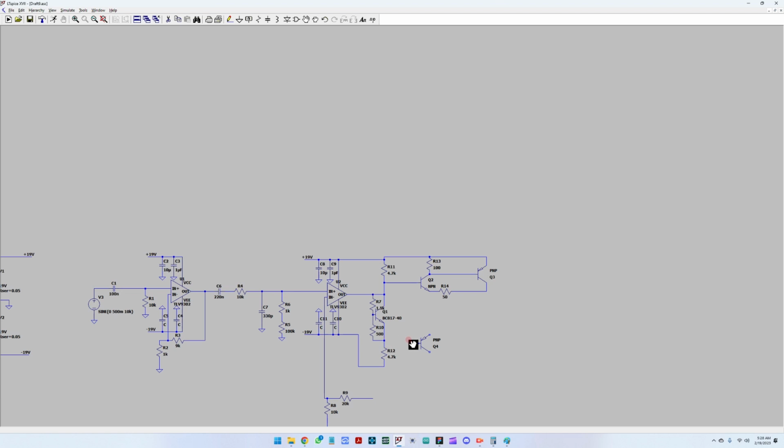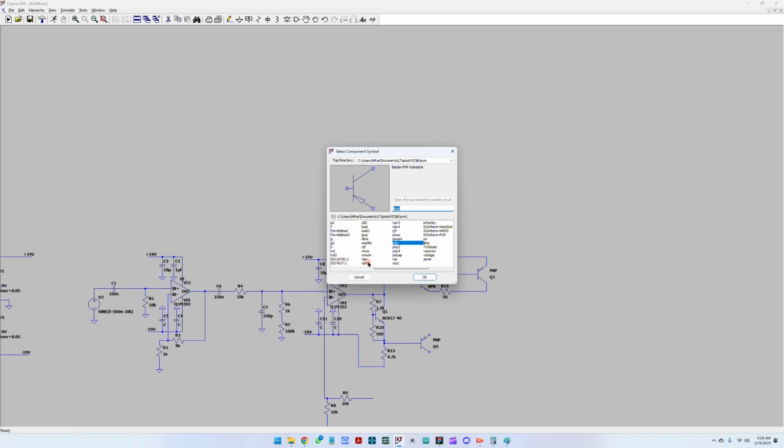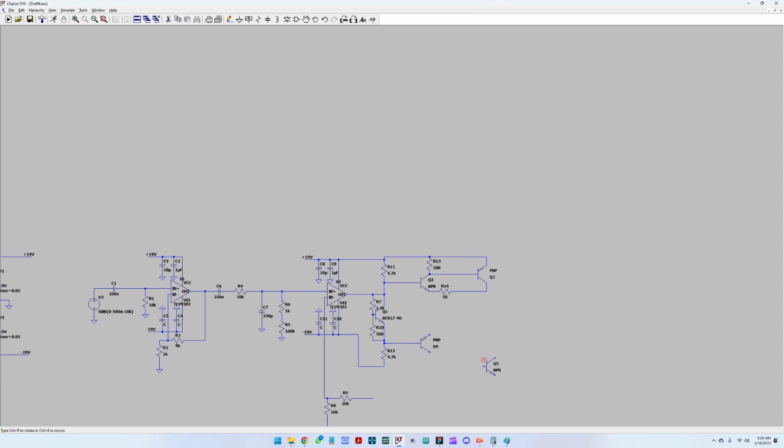Have to connect it the same here to the biasing circuit, because the biasing circuit will open these two transistors, Q2 and Q4, and opening these two transistors will also open Q3 and Q5, which will be most likely our last transistor, which is an NPN transistor. Okay, so Q5 is here.